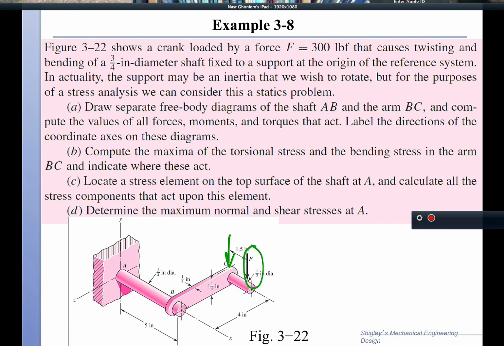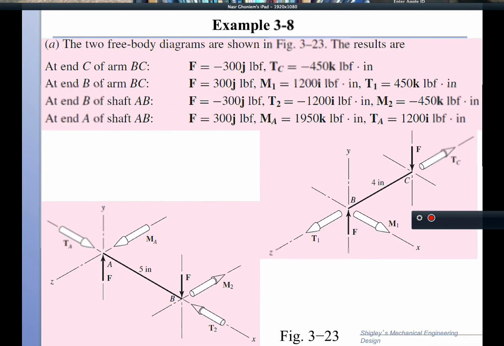So in this case, the force F is transferred to C, but with it comes a torque T sub C, and the torque T sub C is minus 450 K, where K is the unit vector in the Z direction, so it's going in the negative Z direction.